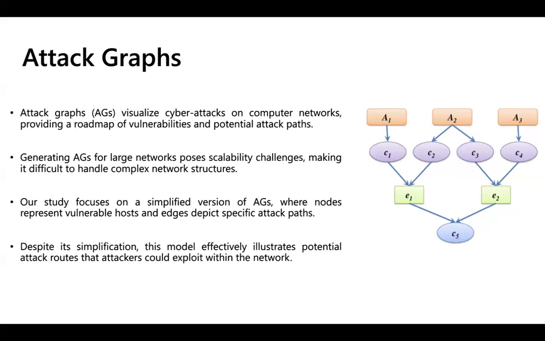This study focuses on a simplified version of attack graphs where nodes represent vulnerable hosts and edges depict specific attack paths. Despite its simplification, this model effectively illustrates potential attack routes that attackers could exploit within the network.